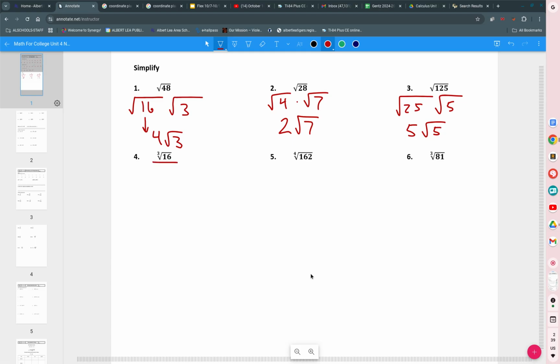What's different about these next 3? Cube roots or fourth roots. So we divide it the same, cube root and cube root. The difference is, instead of choosing a perfect square, we choose a perfect cube.